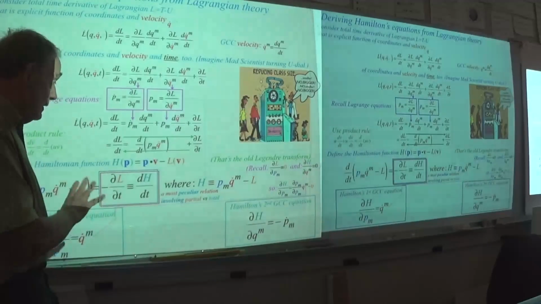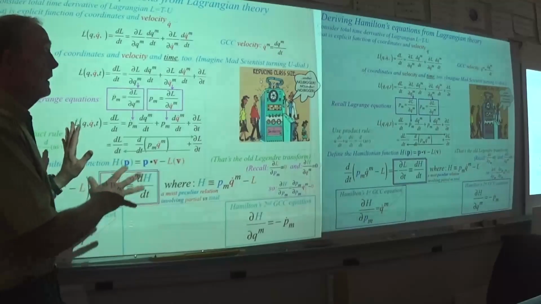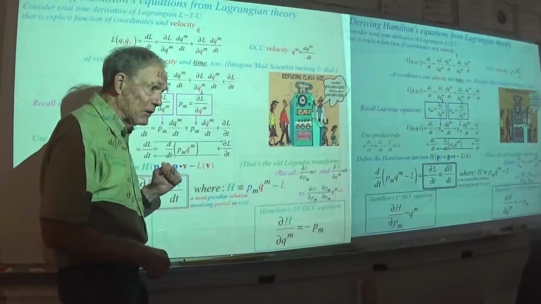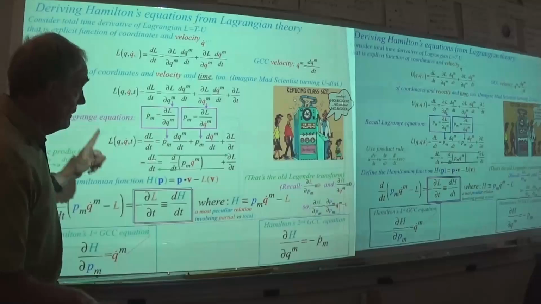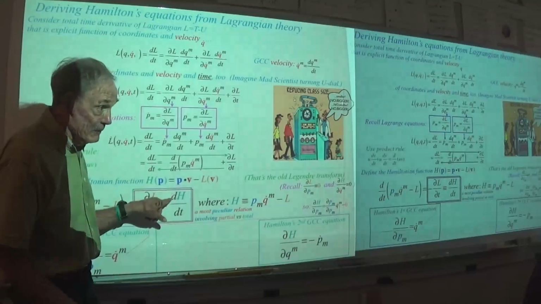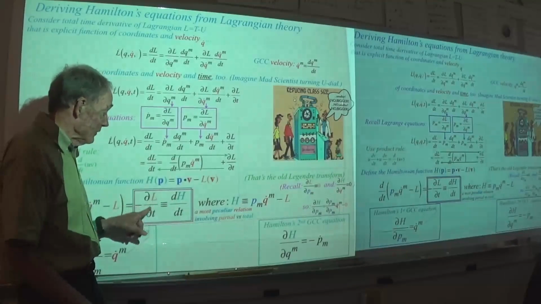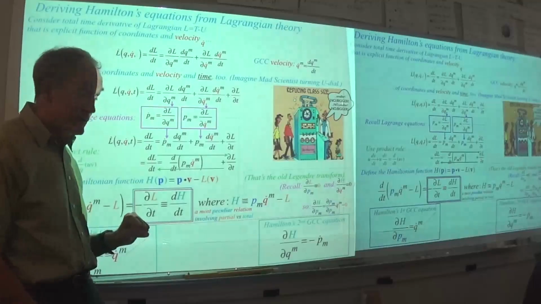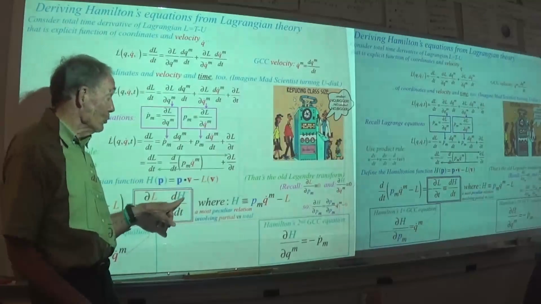But if you leave your hands off of a mechanical thing and make an autonomous system that isn't being touched or messed with by any outside influences, you are then guaranteed that the total time derivative of the Hamiltonian will be zero, exactly. So that's neat. That gives you an indication of what's happening to your total energy.